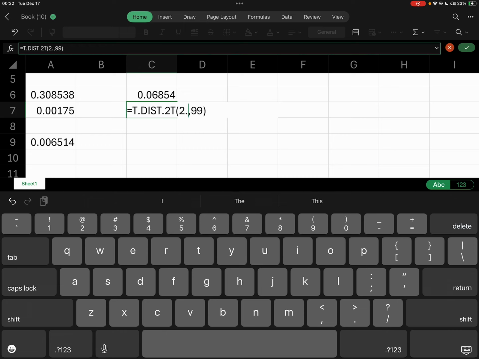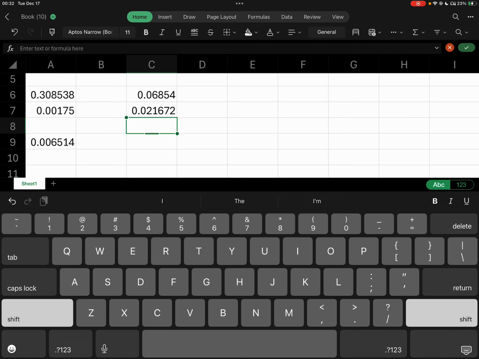So t.dist.2t, positive 2.333, comma 99. Now when I hit enter, I get the probability.